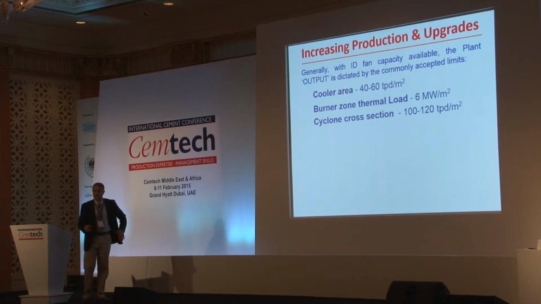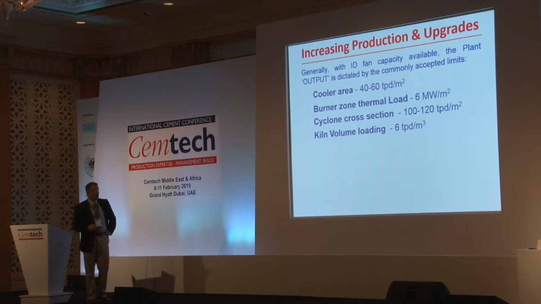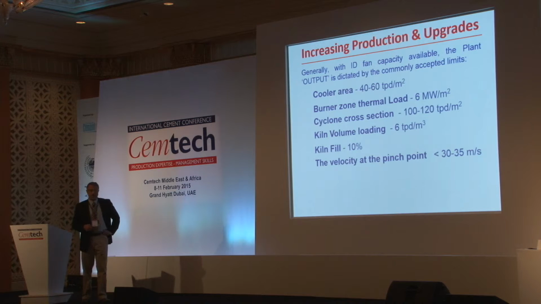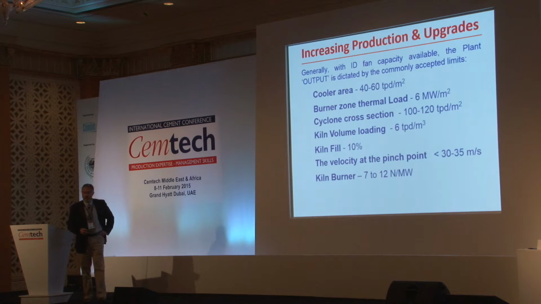Cyclone cross-section area where the material would flow, 100 to a maximum of 120 tons per day per meter square. Kiln volume, 6 tons per day per meter cube. Kiln fill, 10%. Kiln velocity at the pinch point, upper limit around 35 meters per second. Kiln burner, 7 to 12 Newton per megawatt.